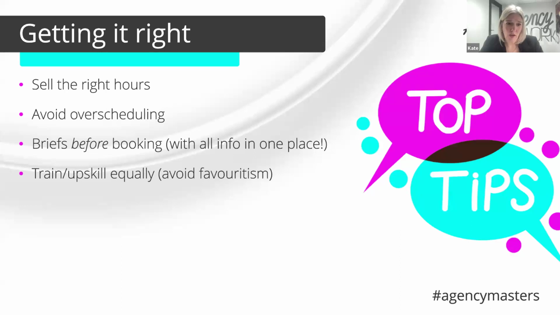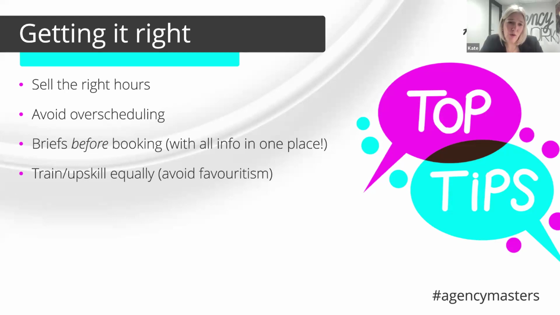And making sure that you're training and upskilling equally. If you've got senior people who are overbooked while you've got juniors sat around doing nothing, that's no good. So make sure those juniors are shadowing those senior people so they can do the tasks next time.